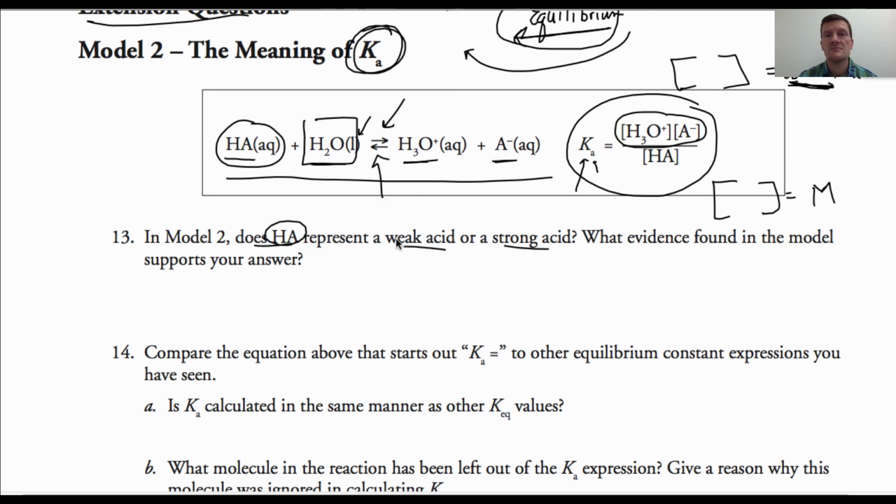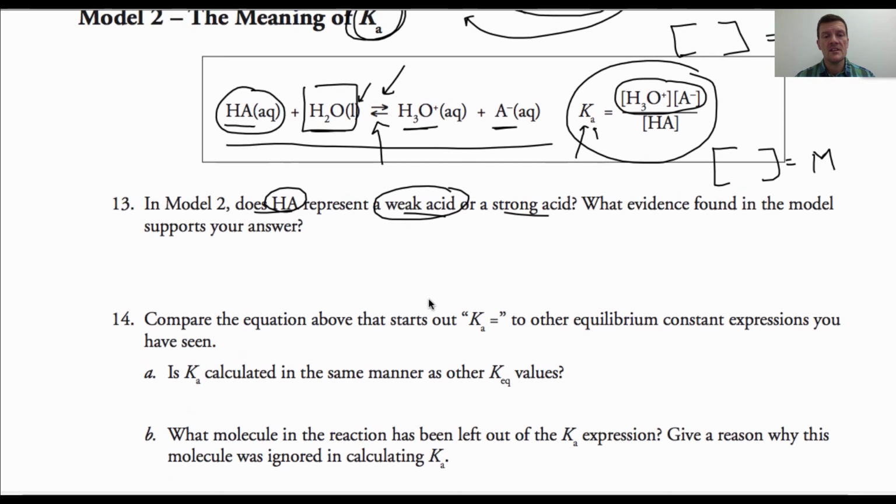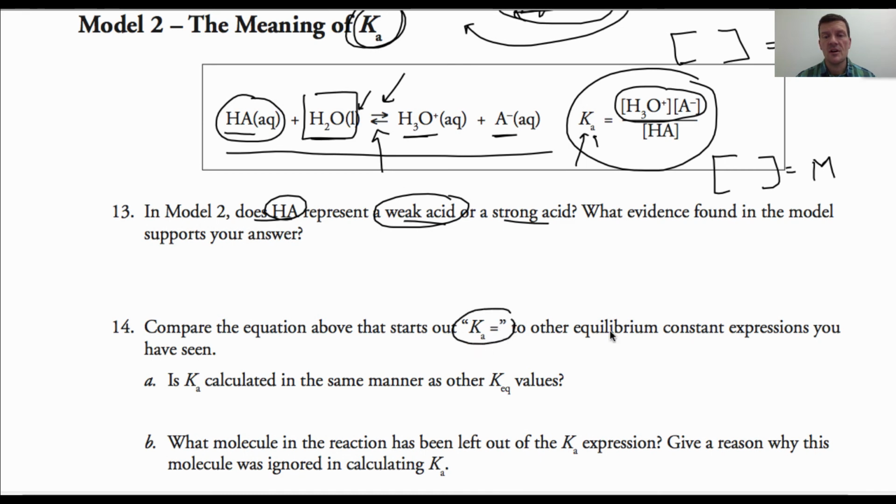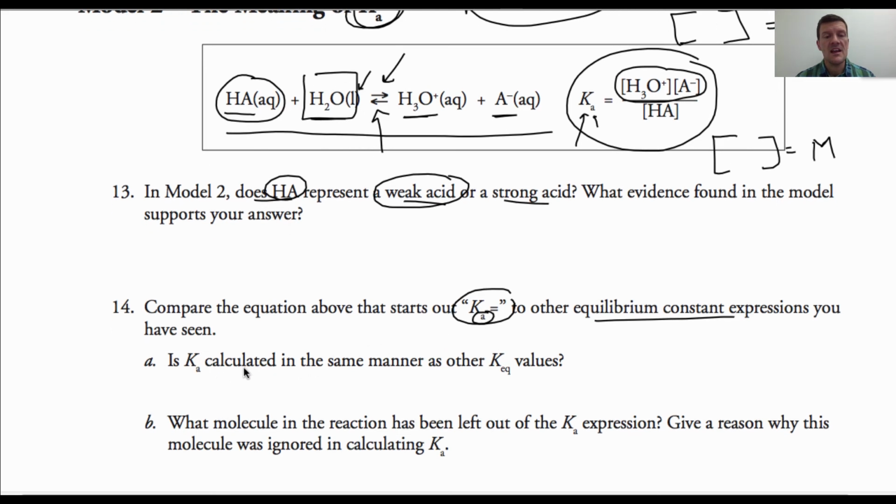Right there, reversible reaction, I know it's weak. Compare the equation above that starts out K equals to other equilibrium constant expressions you have seen. Well, we've got an A here. Is Ka calculated in the same manner as other Keq values? Yes. We're going to put products in the numerator and reactants in the denominator. Okay?